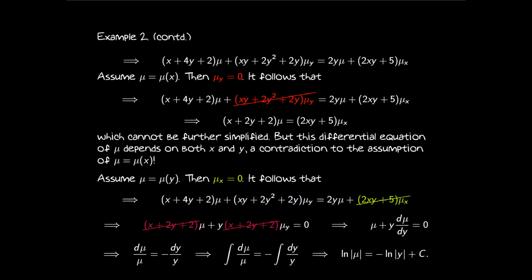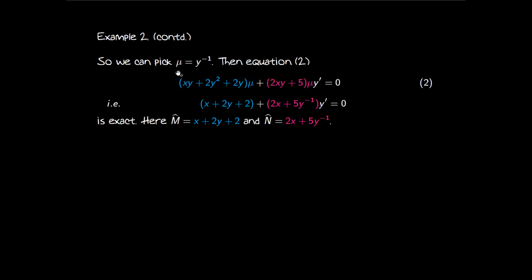So we separate the mu and y, we integrate both sides, we're going to get the natural log of mu is going to be negative natural log of y, and we understand the negative sign, which is a coefficient, can be put inside of the log as an exponent here, right? You're going to get y to the negative 1. So therefore, your mu is y to the negative first power, right? And that's why we can pick our mu as y to the negative first.